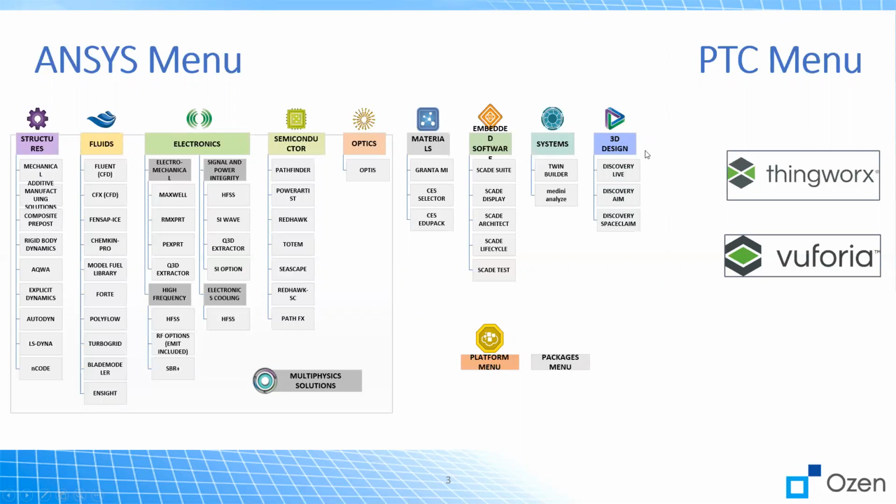And on the PTC side, we have Thingworx and Vuforia, which is used for augmented reality. It's a big list of simulation tools, so if you're interested in any of these tools, you should let us know because they're pretty powerful and they can make your product development process much more efficient.